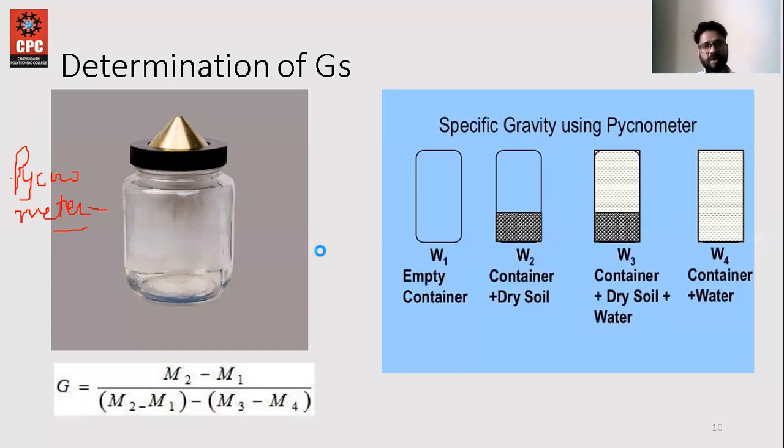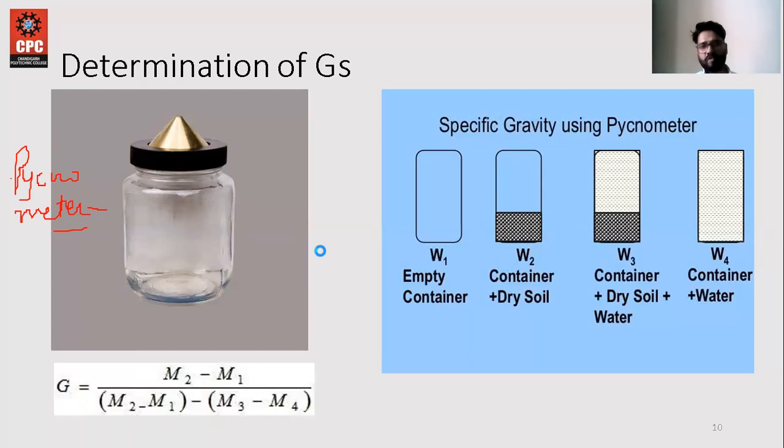First of all, you have to clean and dry this apparatus, the pycnometer. Then you will tightly screw its cap and take its mass. Let's say the mass is M1. Then you will mark the cap and the pycnometer with a vertical line parallel to the axis of the pycnometer to ensure that the cap is screwed to the same mark each time.